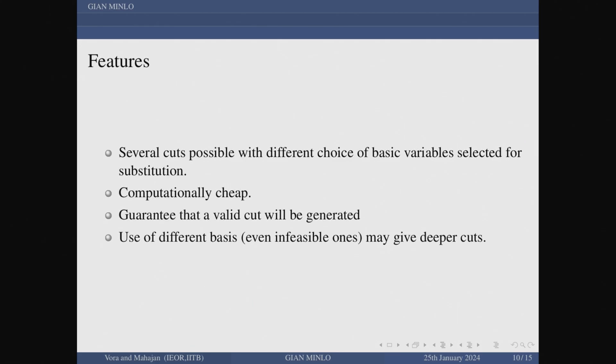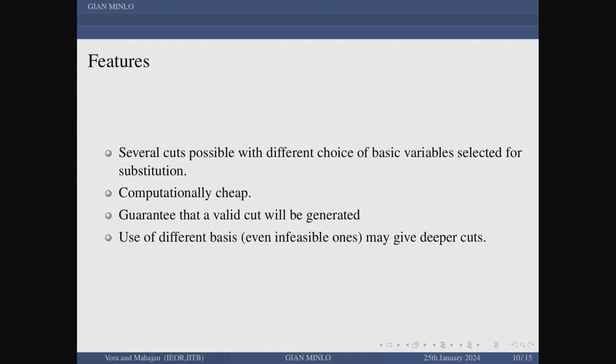So I'll quickly talk about certain features. Many other details are hidden, but there are several cuts possible with this, and with different choices of basic variables selected for substitution. Currently we didn't choose anything, but there is a lot of choice that you can make, and when you have a large quadratic problem, there are many quadratic constraints that will be infeasible, and many choices that you can make.